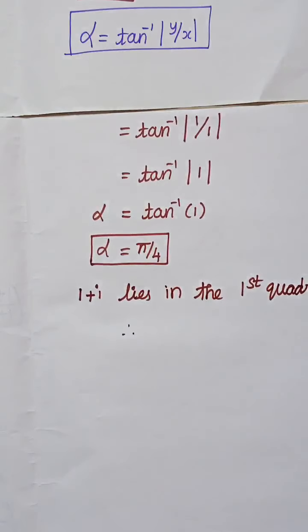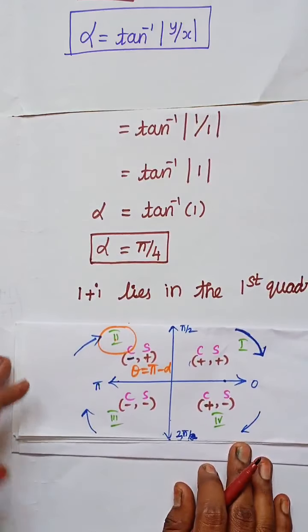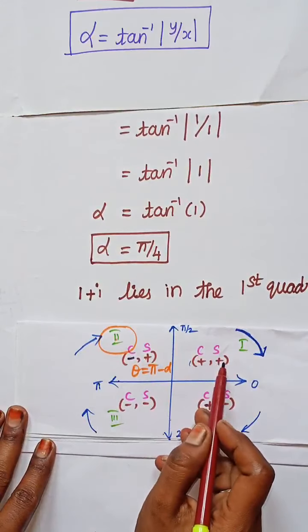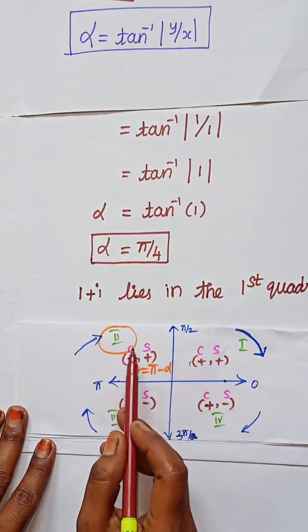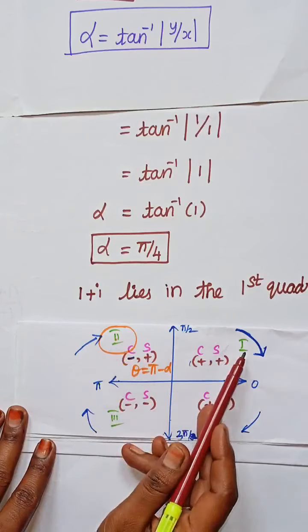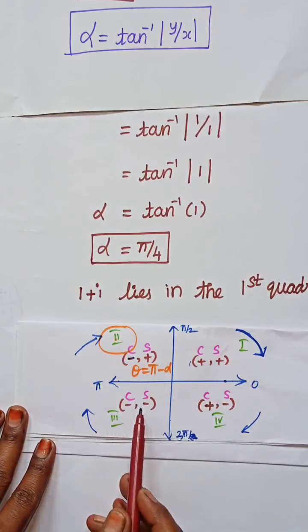Why does 1 plus i lie in the first quadrant? See the diagram again. In the first quadrant, cos is positive and sin is positive. Second quadrant: cos negative, sin positive. Third quadrant: cos negative, sin negative.